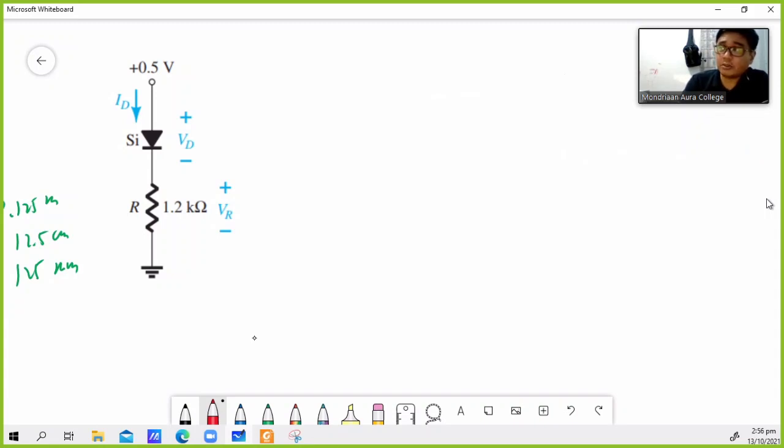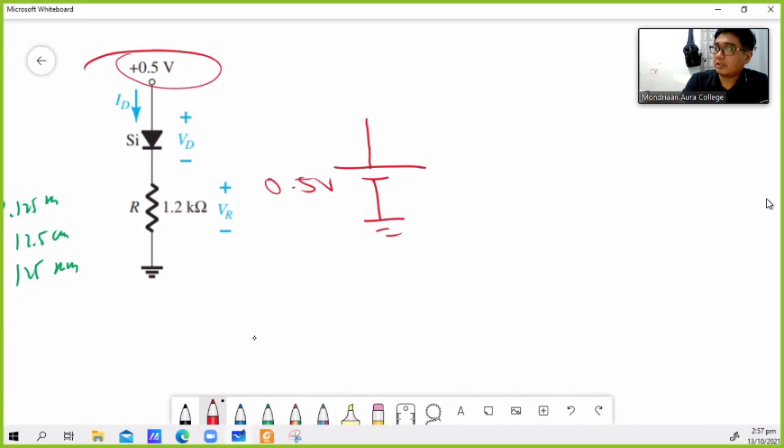Okay, so what I'm going to do here, since I have a positive voltage source or power source here, ibebend ko siya pakaliwa. Pwede rin naman pakanan, walang problema doon. But convention kasi natin, lahat ng supply nakalagay sa kaliwa. So ibebend ko siya pakaliwa. So ilalagay ko siya rito. So this is also equal to this. Yan.